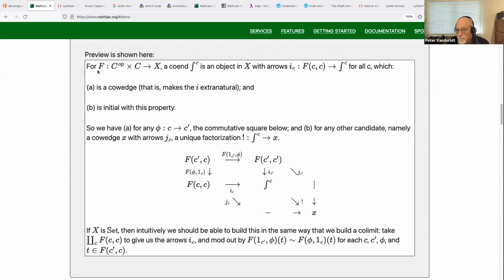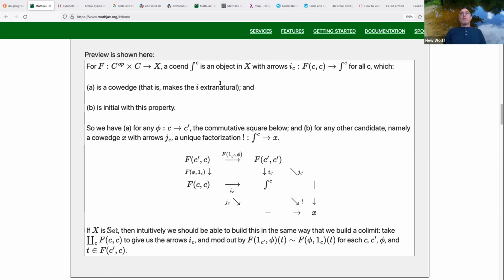So you have a functor of this form, like this bifunctor here, and you want to define a coend of it, which is a bunch of arrows from f of cc to this object, which is going to be the coend. So this is a definition that actually works, and which I can almost use to try to prove things, at least to a limited extent.